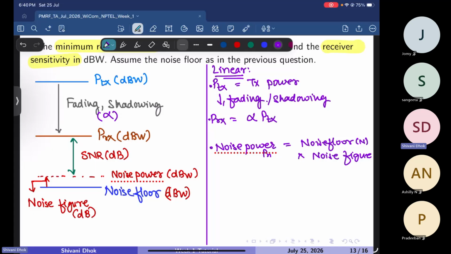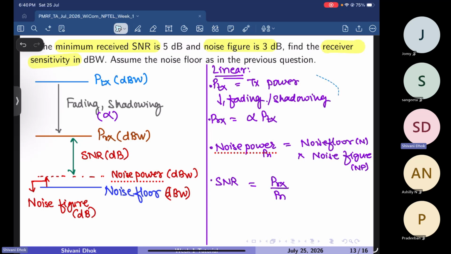This I'll write as N, and this is NF. Okay, so your SNR is basically your PRX upon your PN. Okay, now let me just take this to the next page as well. Okay, leave it. Here only I'll try to modify it.